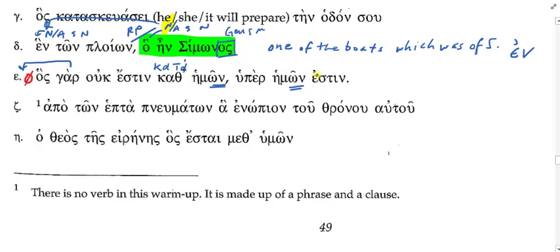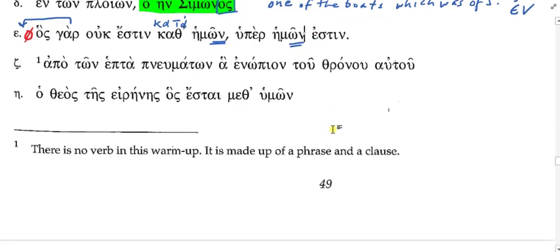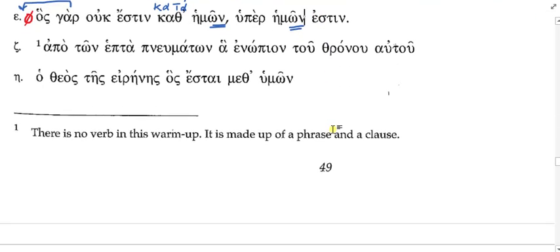Let's read the next one. Ready? Ho theos tes erenes, hos estai meth' humon. Alrighty. So ho theos tes erenes, the God of peace. Hos estai. What is hos? It's, okay. Is that a relative pronoun? Yeah. What case, gender, number is this? So nominative, singular, and gender? Masculine.